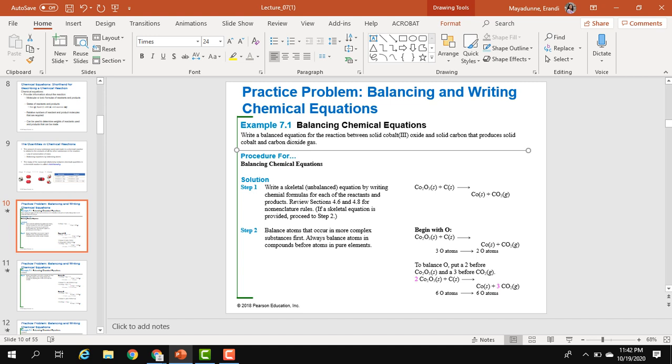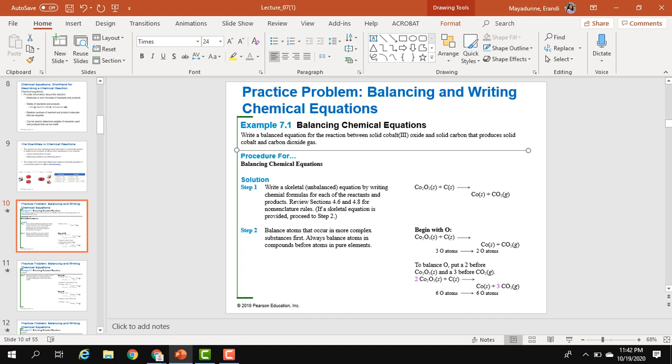At the very beginning, you need to identify what the reactant is and what the product is. It says cobalt 3 oxide. I'm talking about this compound now.